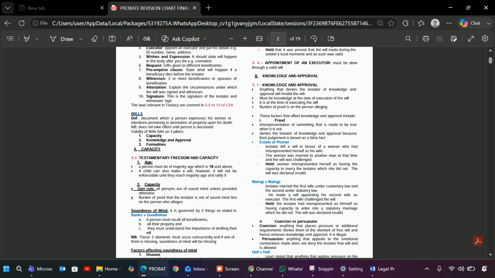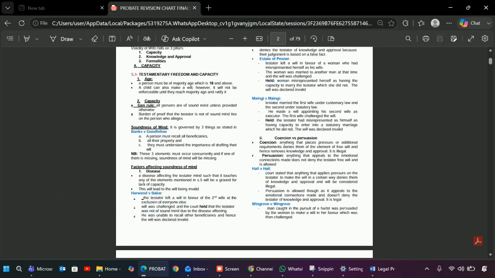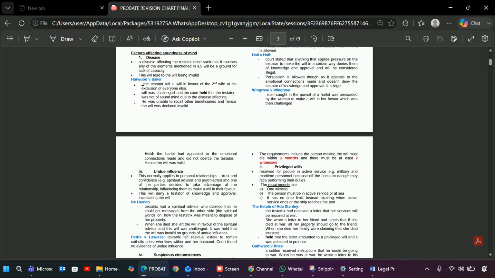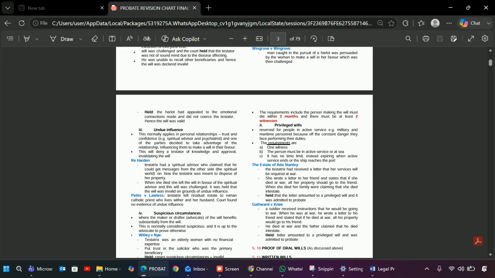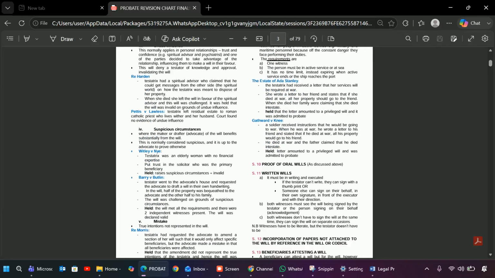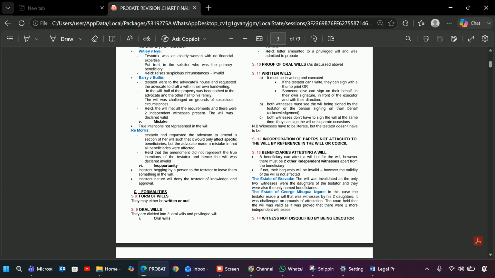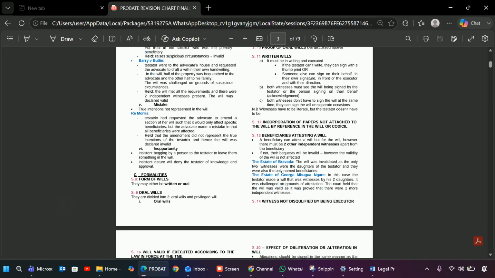Knowledge and approval has various factors that can affect that principle. We have the fraud element, coercion, undue influence, suspicious circumstances, and inopportunity and mistake. Inopportunity is the insistent begging by a person to the testator to leave them something in the will.